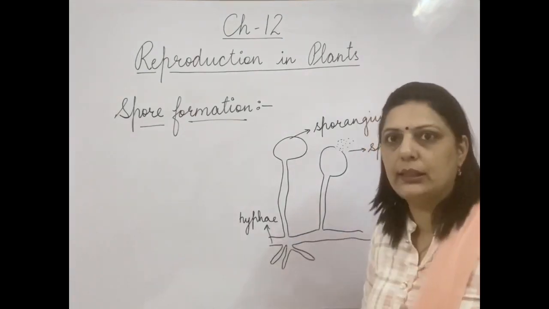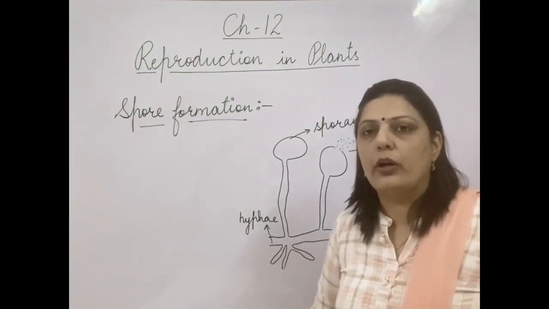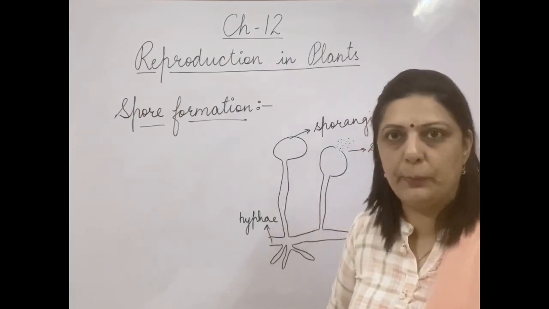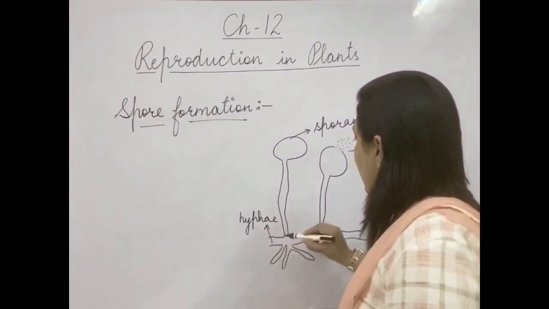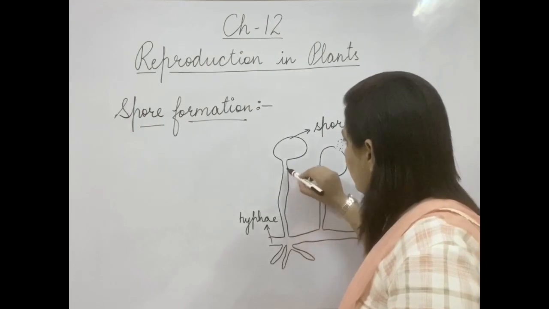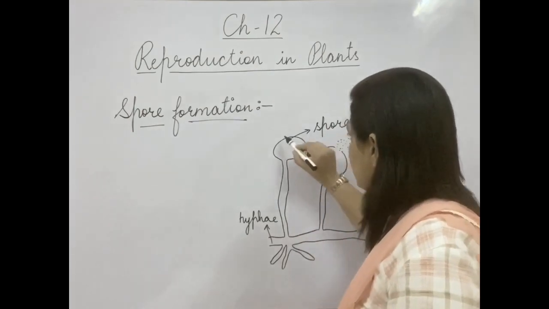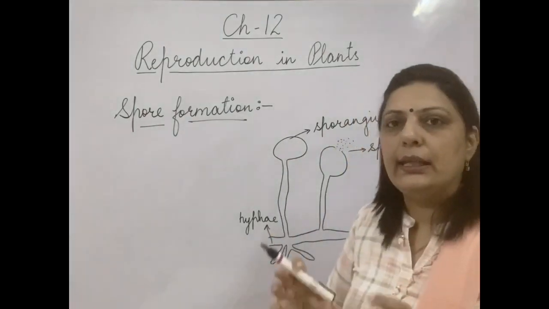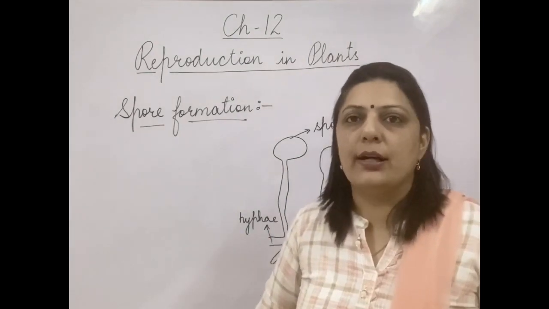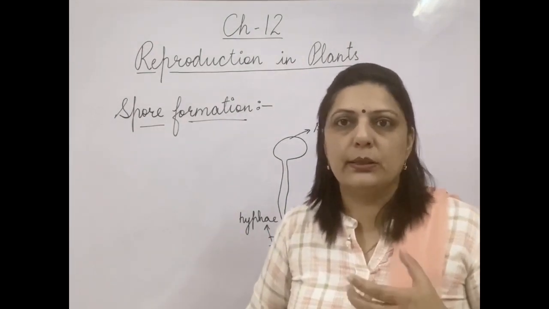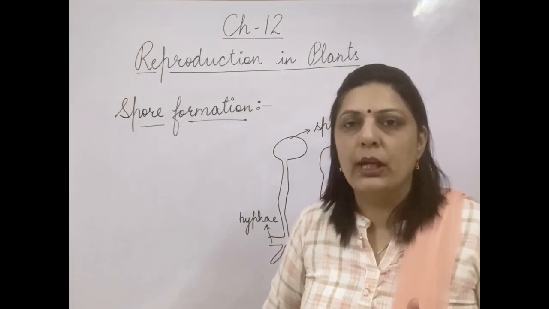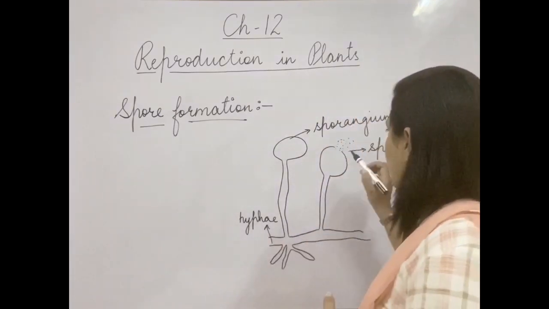Hyphae are thread-like structures or outgrowths which help in holding on to that particular place. And then these are the sporangia. These circular structures are the sporangia. Inside the sporangium there are spores present. When the sporangium is mature enough, it bursts and releases spores.